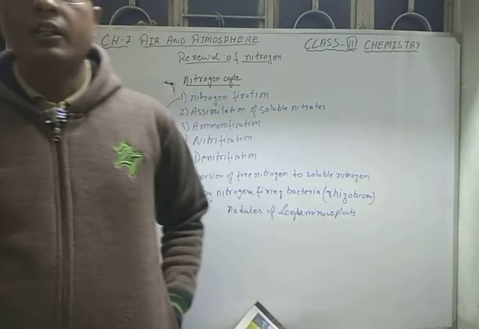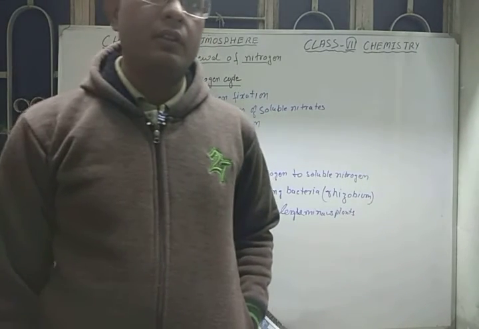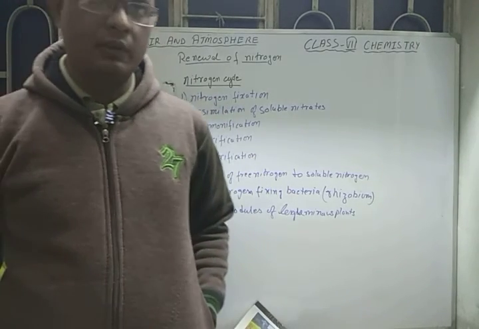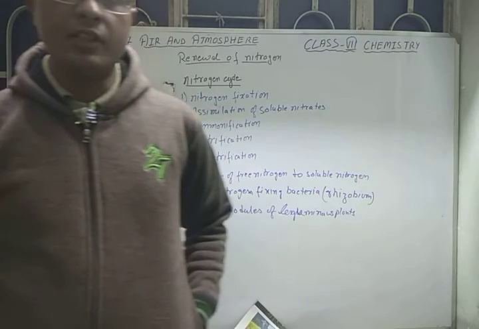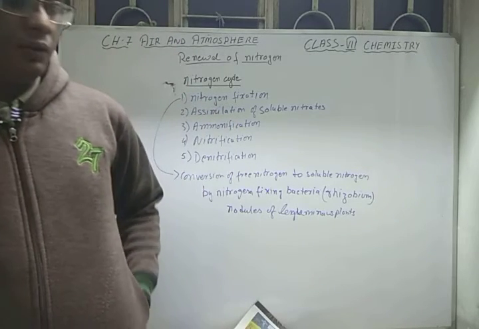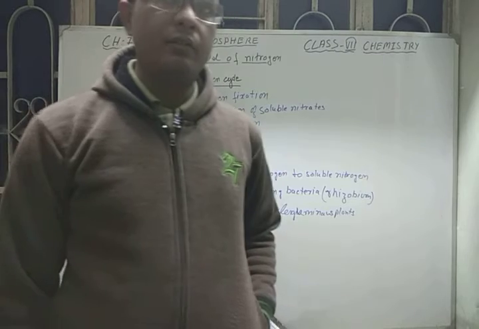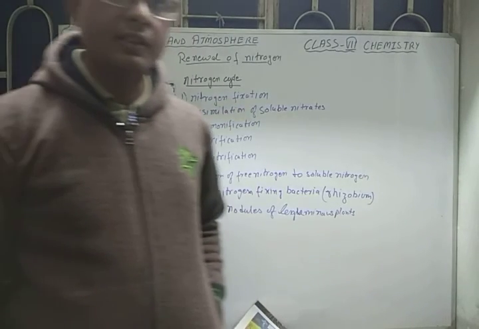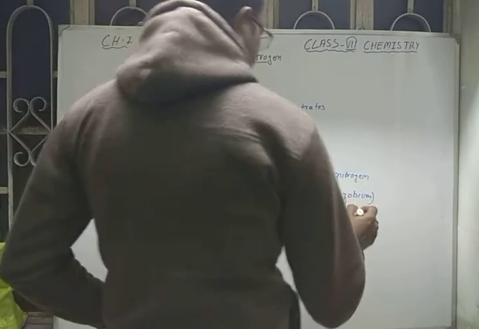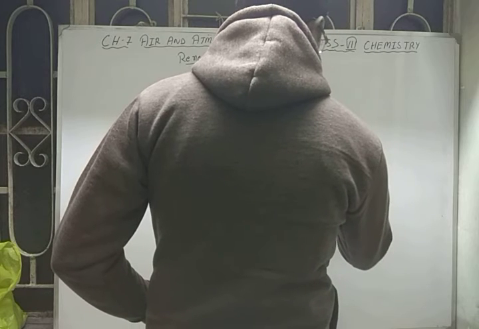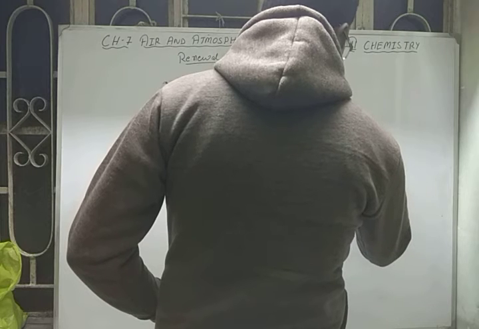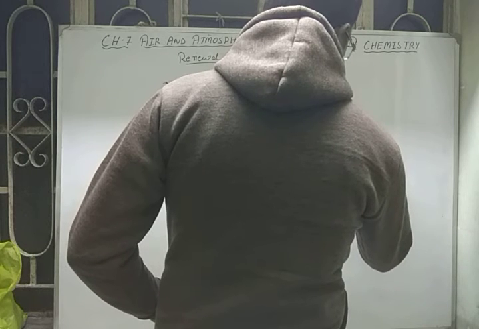Plants need nitrogen and bacteria need food, so they share what they need. They live together with a mutual relationship. That mutual relationship is called symbiosis relationship.